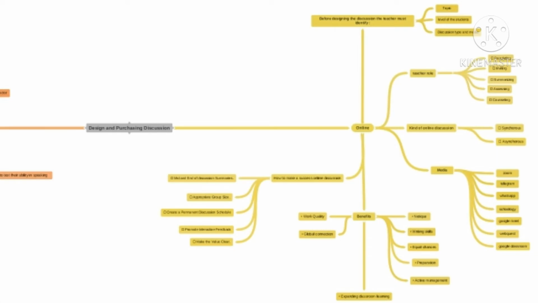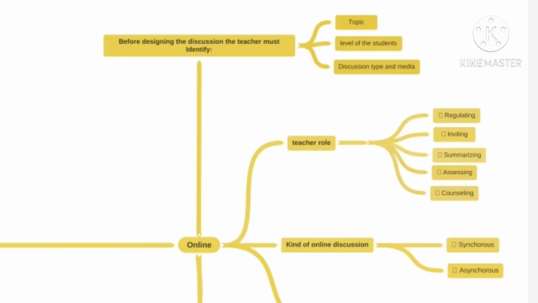Before designing the discussion, the teacher must identify three things. The first is the level of the students, then the topic of the discussion, and the last is the discussion type and the media. The first is the level of the students, such as the ability level and class of students. Then determine the topic.